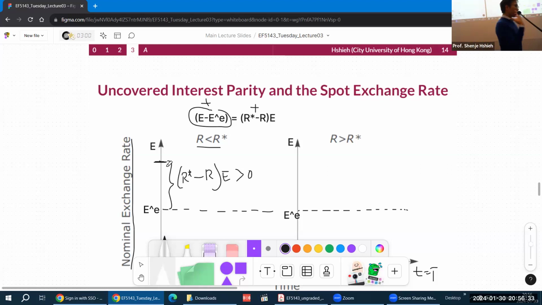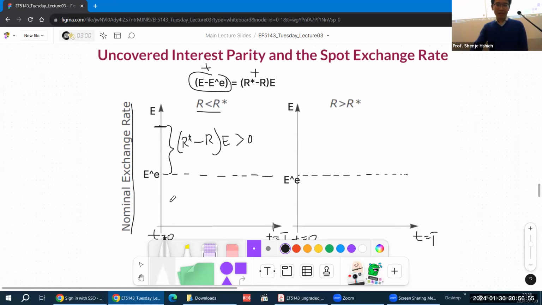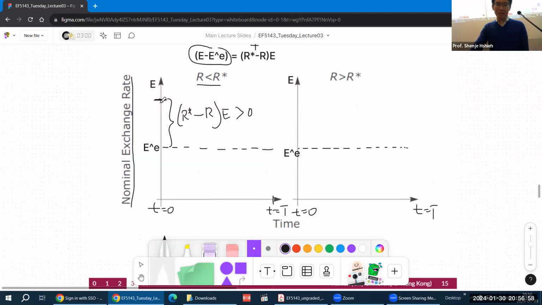What rational expectations is saying is that if the spot rate is this today, and E hat E, the future value of E, is down here, then over time the spot rate must evolve towards E hat E. That means as time goes from t equals 0 to t equals big T, this spot rate should decline in value until it's equal to our expectations.